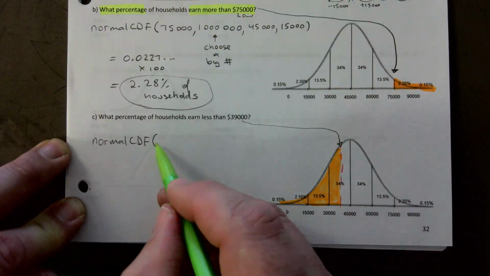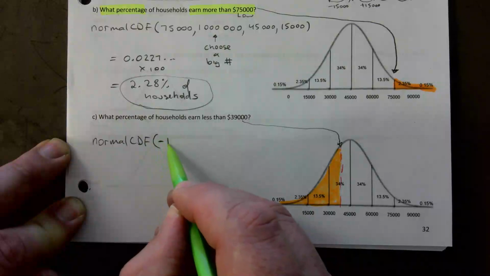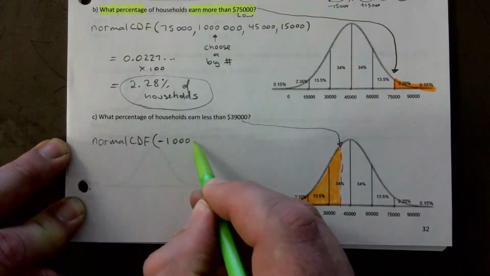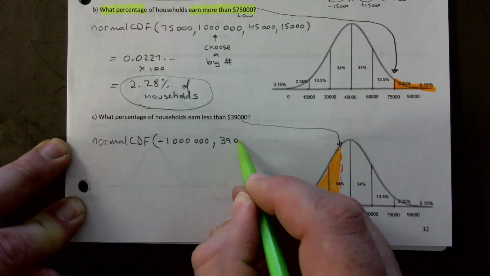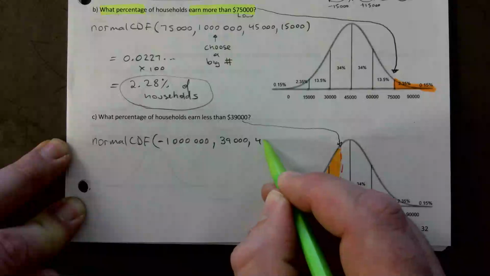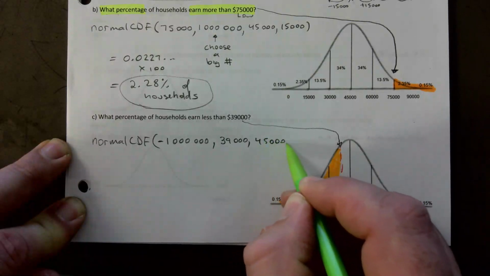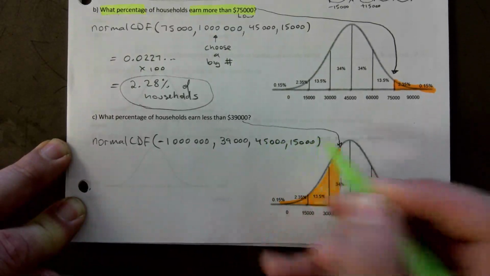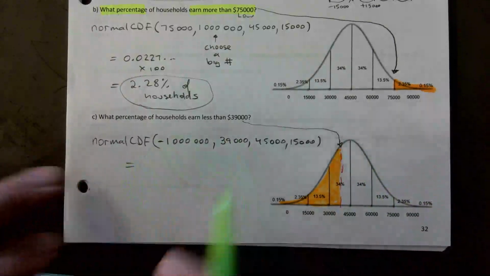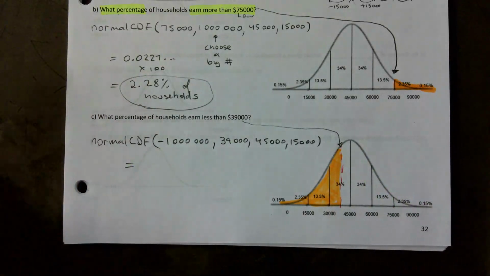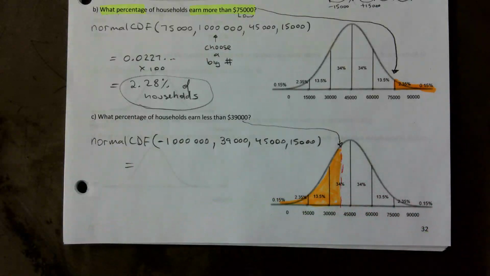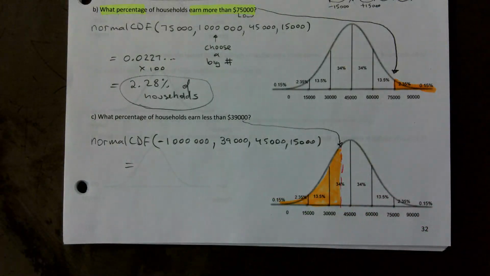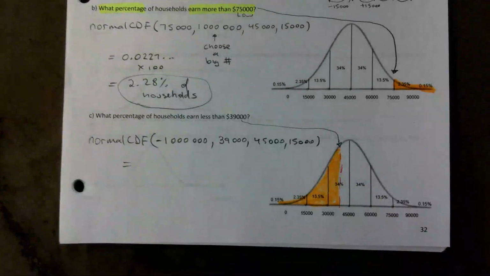So I'm going to go negative 1,000,000, and this is 39,000, then it's 45,000, 15,000. Negative 1,000,000, that's silly, isn't it? Yeah, just go extremely far left, as far as possible, to include everything that's possibly there. If there's something there, it's going to pick it up.